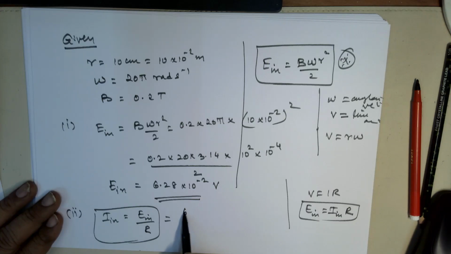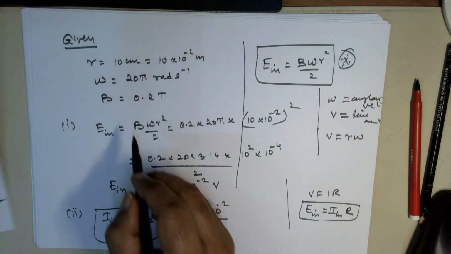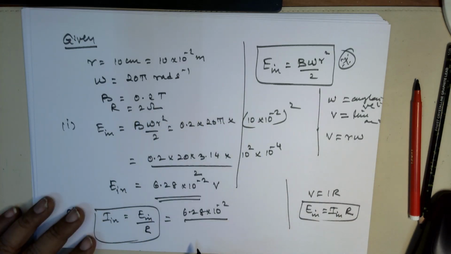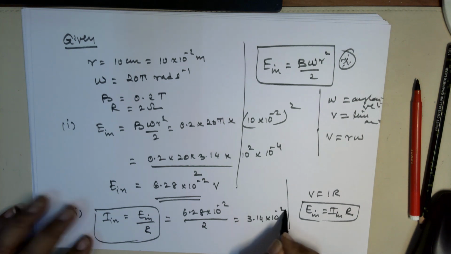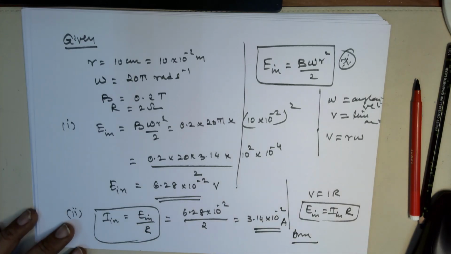So 6.28 into 10 power minus 2 divided by the resistance given, 2 ohm. So 3.14 into 10 power minus 2 ampere. This is the second answer.